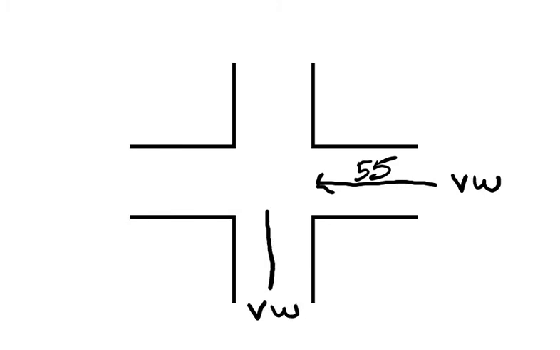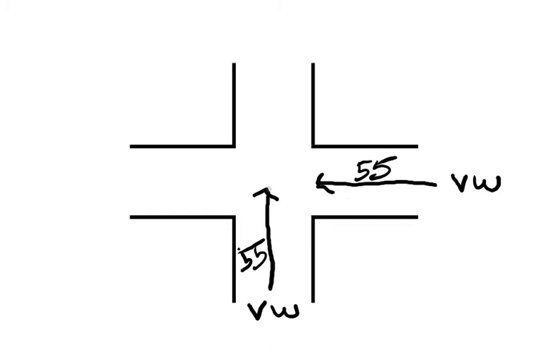So I choose to think about the cardiac axis in terms of an intersection. This is a traffic intersection. And let's say we have a little VW that weighs 1,000 pounds traveling in this direction, going 55 miles per hour. And we have here another VW that weighs 1,000 pounds traveling in this direction.